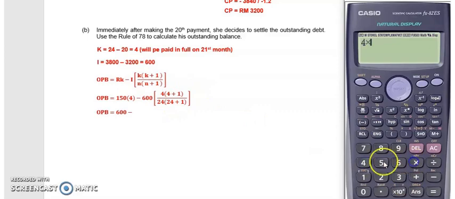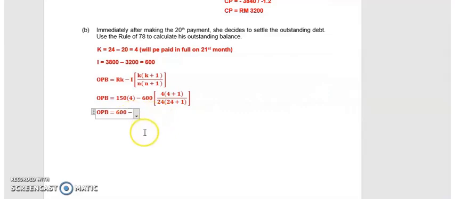So 4 multiplied by 5, 4 times (1 plus 4) is 5, divided by 24 multiplied by 25, and then multiply by interest 600. So this is the amount of rebate. Since we settle earlier, we get a rebate of 20 ringgit. So the amount of outstanding balance here will be RM580. Okay, that is the rule of 78.